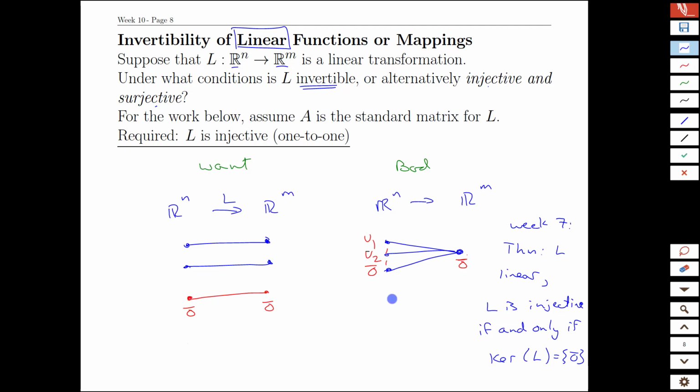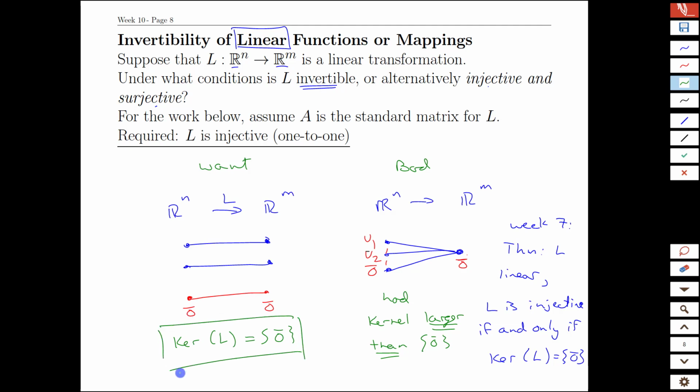This part here has a kernel larger than just the zero vector. So what we know for sure is that the kernel of L has to equal just the zero vector. The only thing that maps to zero is the zero vector input. That's what we want. And if we have that, we will have, for sure, courtesy of this theorem back in week 7, an injective function.